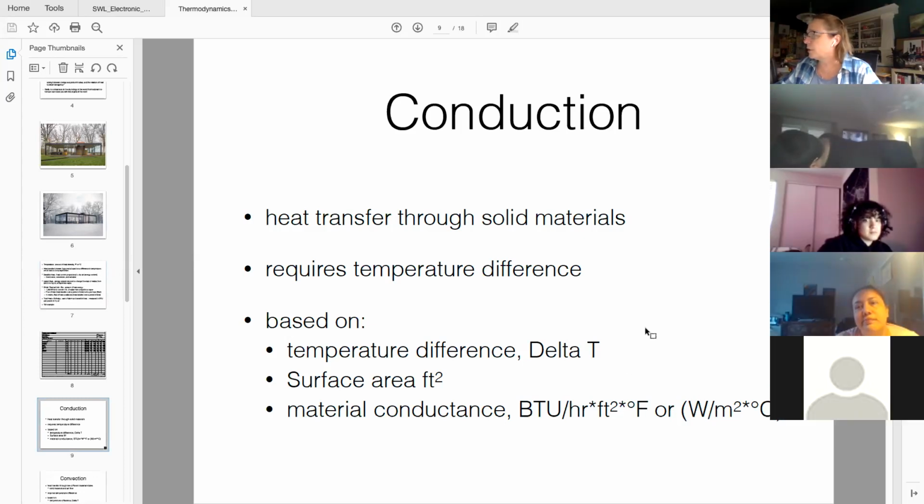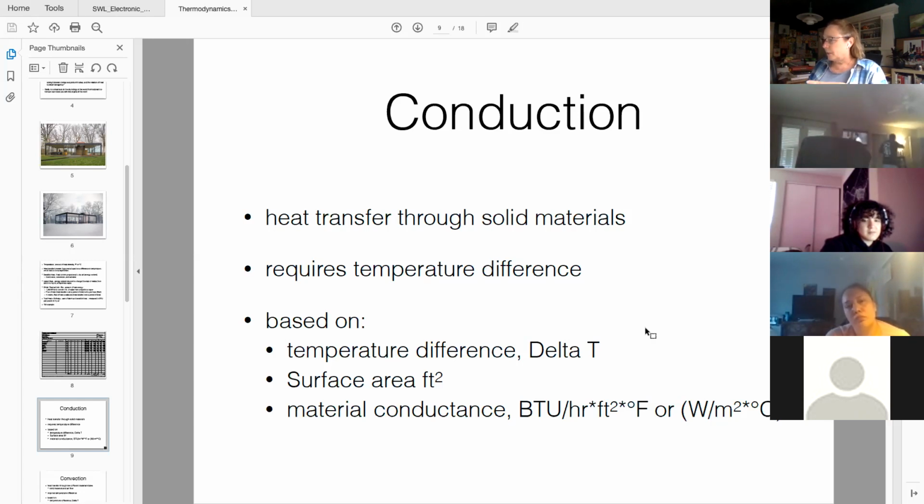Conduction is when heat is transferred through a solid material. You have to have a temperature differential, or a delta T, between the two different materials. One has to be hotter, one has to be colder, in order for the heat transfer to occur. If they're both the same temperature, they're at equilibrium and there is no heat transfer.